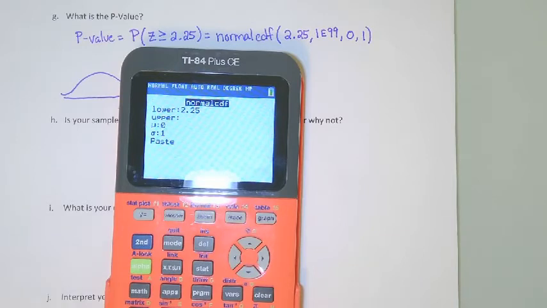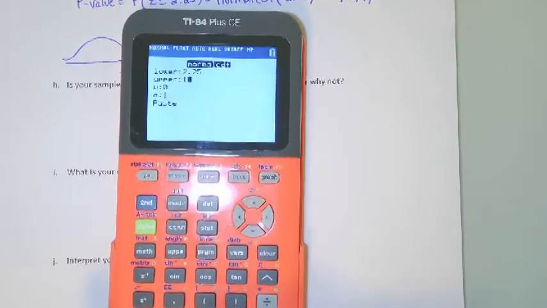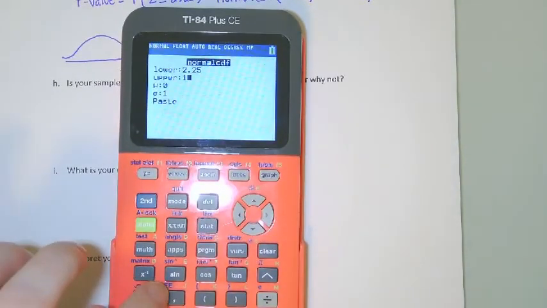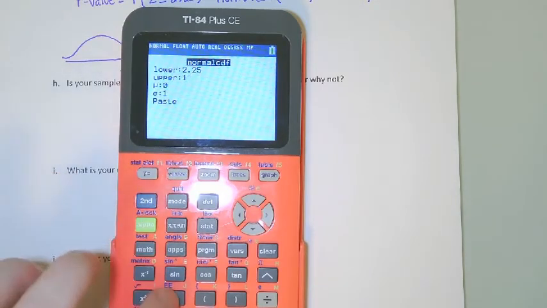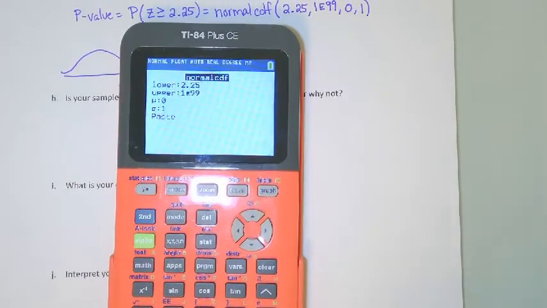Next, our upper bound, positive infinity, so I'm going to type in the number 1, then use the EE by hitting second comma, then 99.